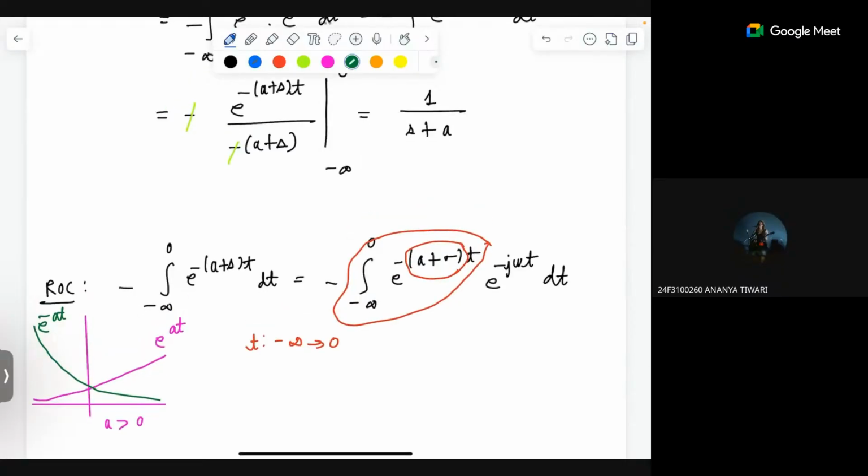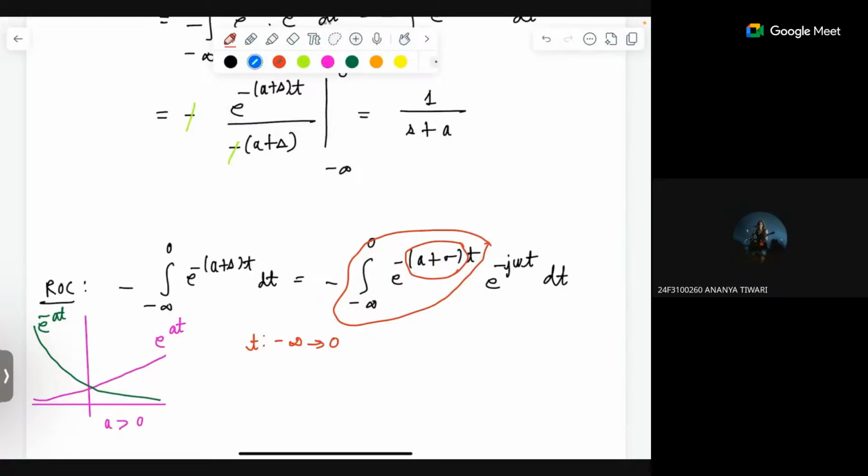So now what we are dealing with is in this duration, minus infinity to 0. So here it will converge if there is this pink line. Otherwise, it will go to infinity. Pink one corresponds to e raised to the power of at. So e raised to the power of at is a positive exponential. Sorry, yeah, so this is positive.